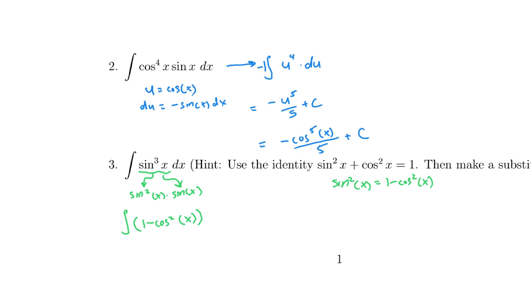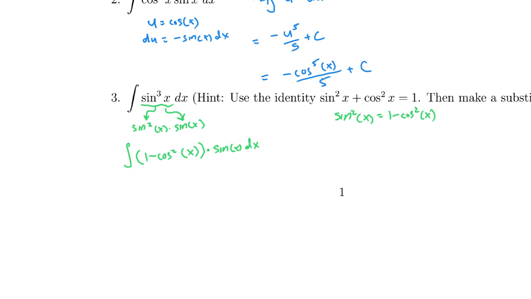So our sine squared became 1 minus cosine squared. The other sine just stays here as a sine. Now let me scroll down just a tad. I can distribute the sine and rewrite this. This is just the integral of sine of x dx minus the integral of cosine squared of x sine of x dx.